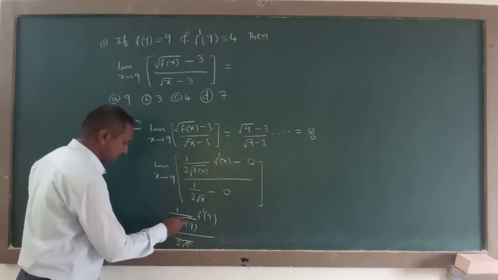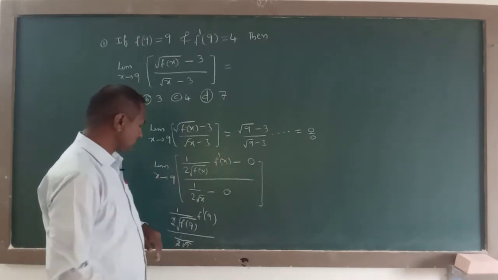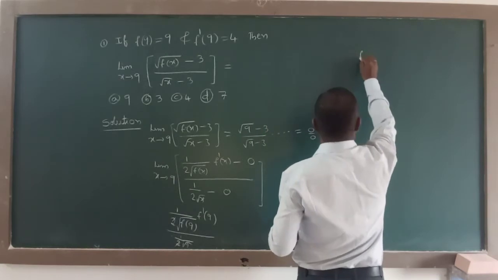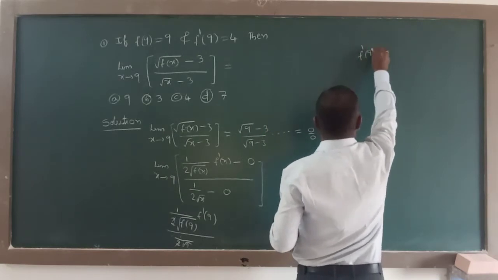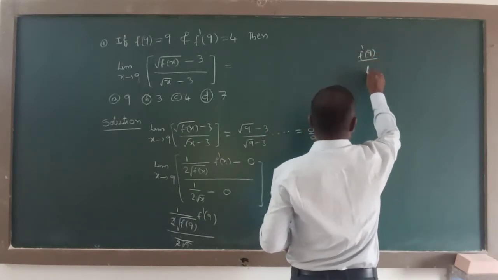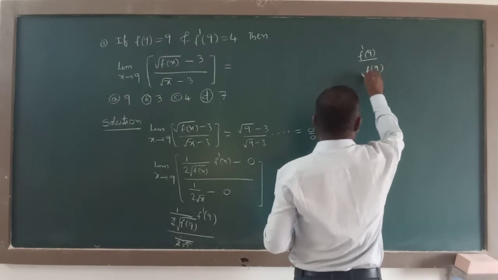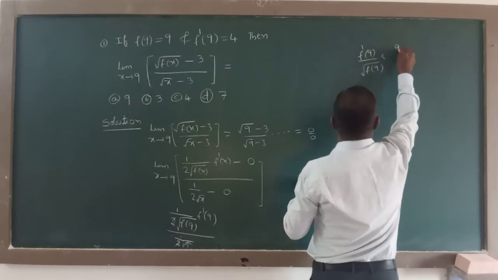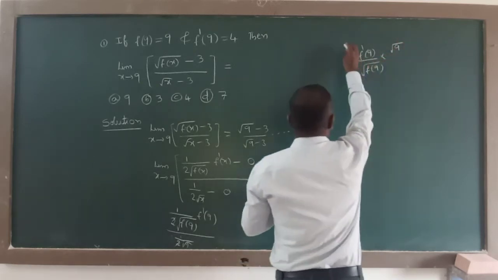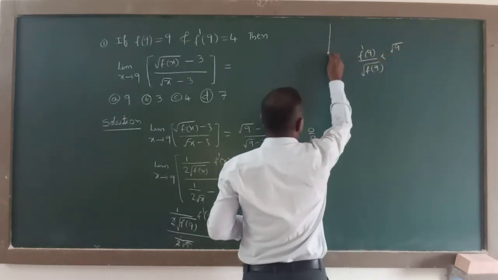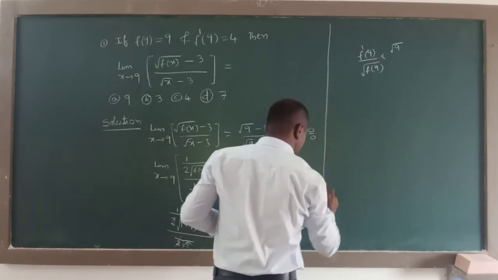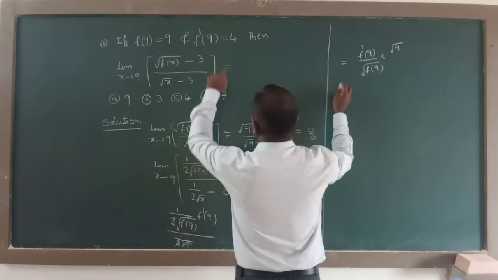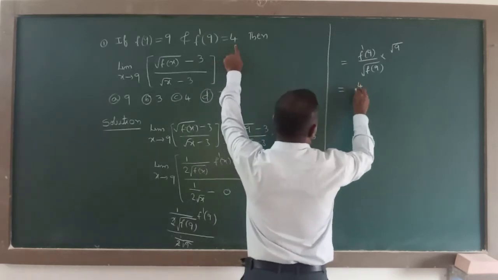Now the 2 gets cancelled here. That is f dash of 9 whole divided by square root of f of 9, into the reciprocal, root 9. This is equal to f dash of 9, whose value the question gives as 4.